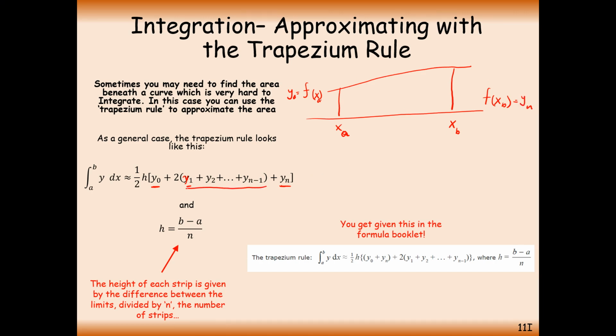All the intermediate values can be found and doubled, by once more evaluating these x values with the function itself.